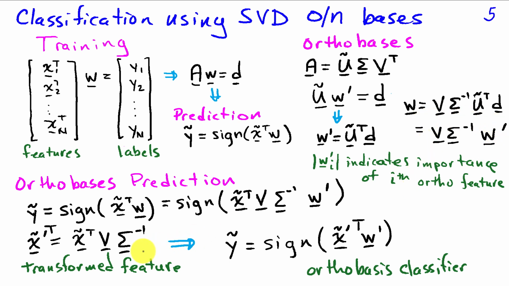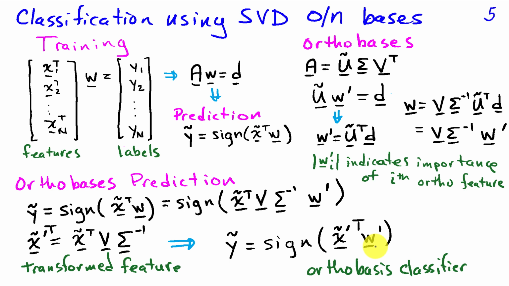So what we're going to define is a transformed feature, x tilde prime transpose, being equal to x tilde transpose times V times sigma inverse. And then our orthobasis classifier is simply the sign of x tilde prime transpose times W prime.